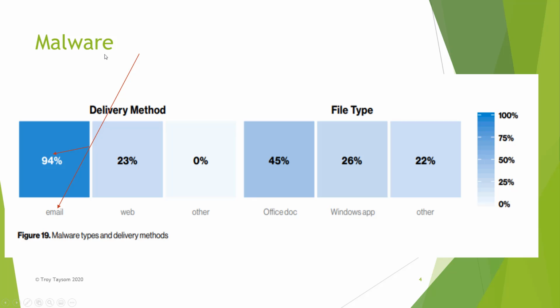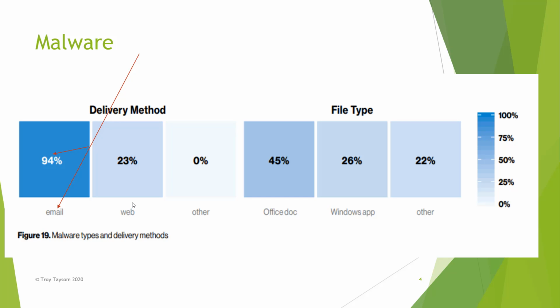Malware. Remember, malware is that big umbrella that covers any type of malicious software. So, the delivery method for malware, 94% of the time, it comes through email. Okay? Now, I know these two numbers don't add up, but web can also mean that they include email clients that could be web based.